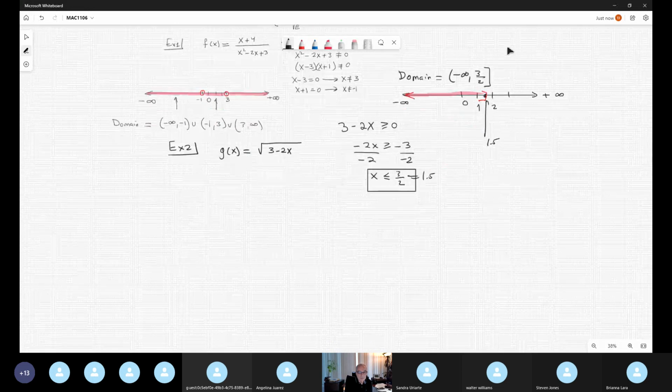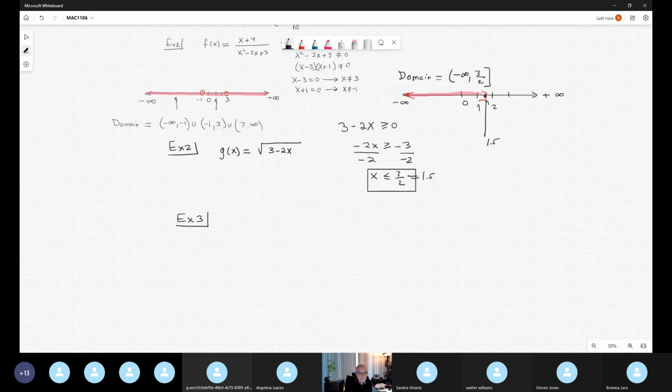Example 3. Okay, in example 3, we have another function whose name is h of x. And this is 4 divided by square root of x minus 9.